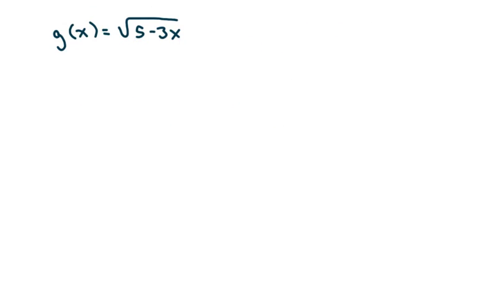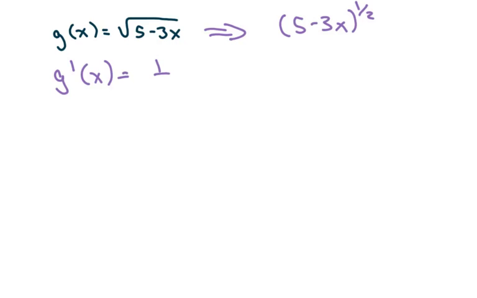The next one's very similar. I'll go ahead and rewrite this as 5 minus 3x to the 1/2. So we're going to take the derivative of g using the chain rule. So that's going to be 1/2 times 5 minus 3x to the negative 1/2, because that's 1/2 minus 1. And the derivative of my inner function is negative 3.